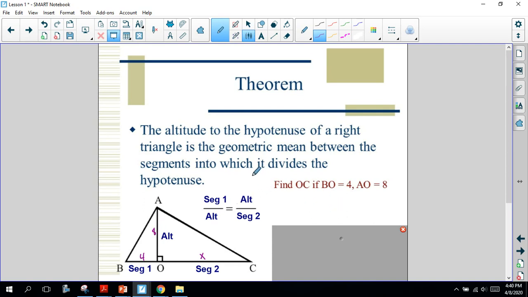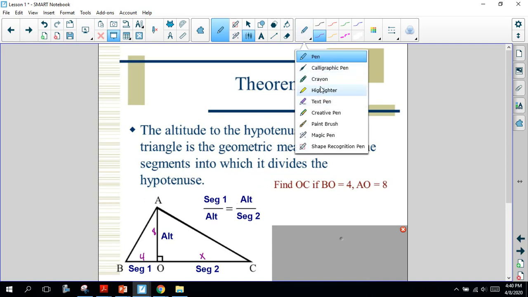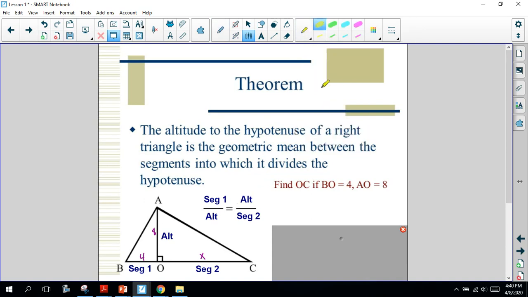As I'm doing this, I keep the theorem in my head, and I look, can I use this particular theorem? It says the altitude is a geometric mean between the segments. And that's what I keep in my mind.